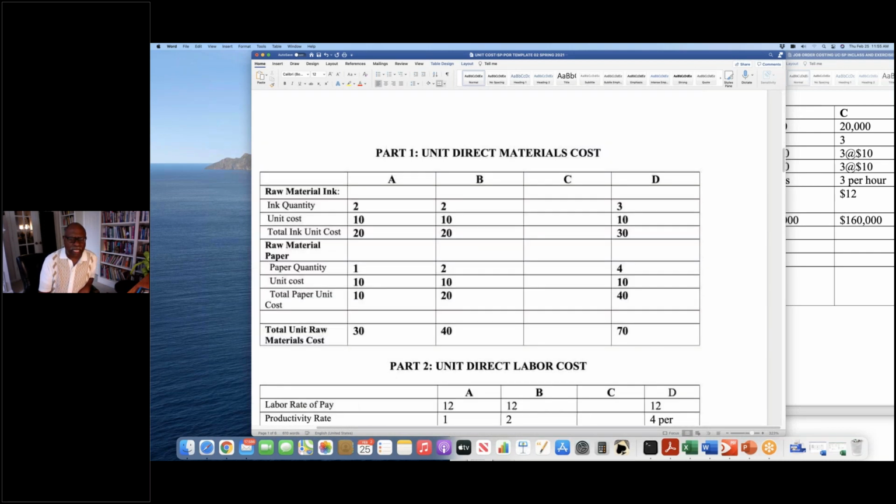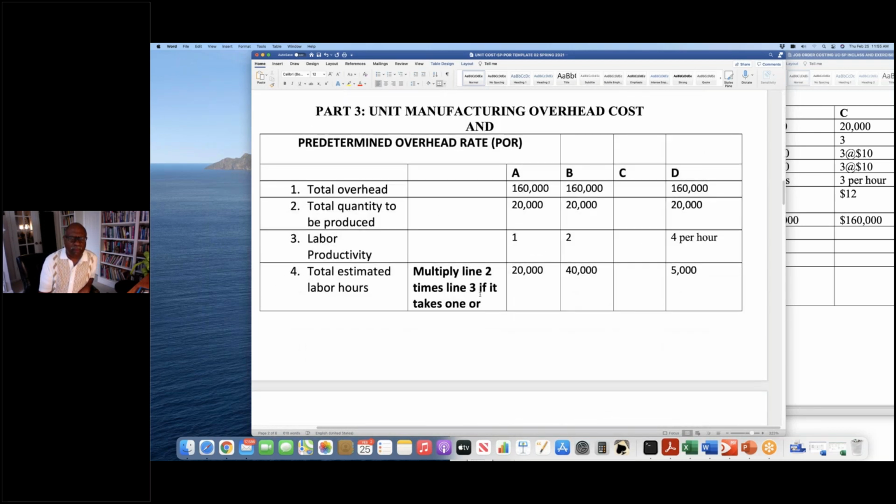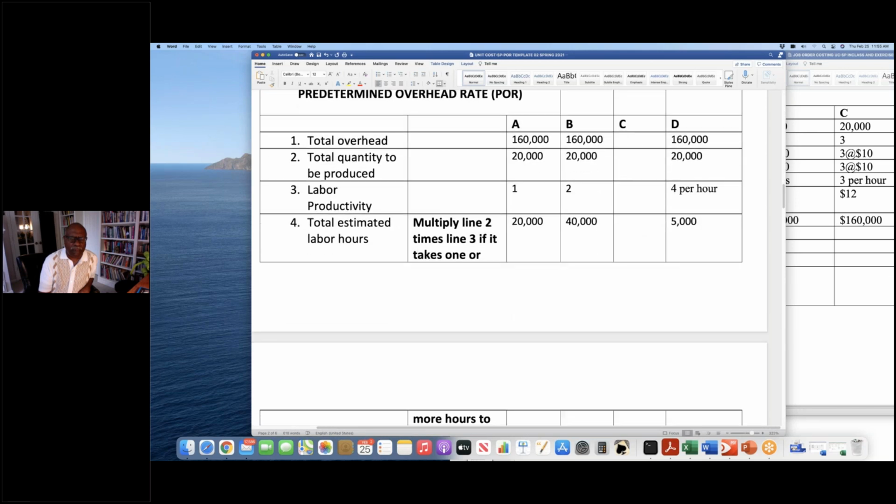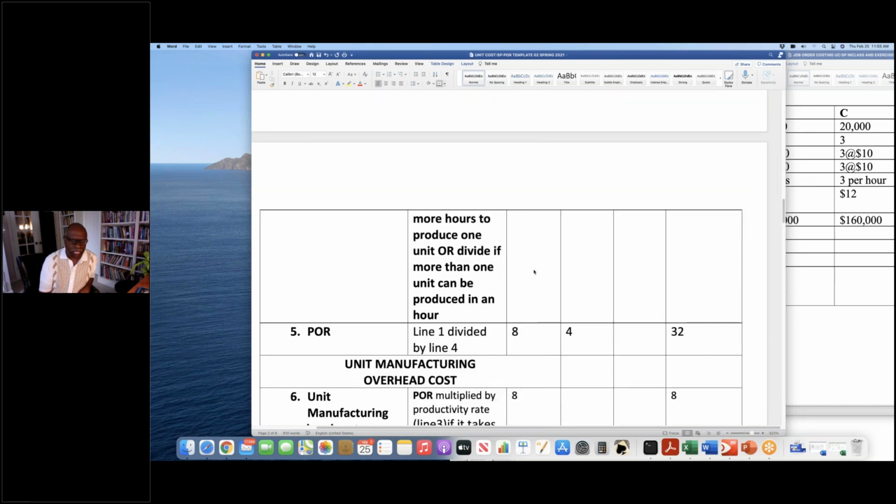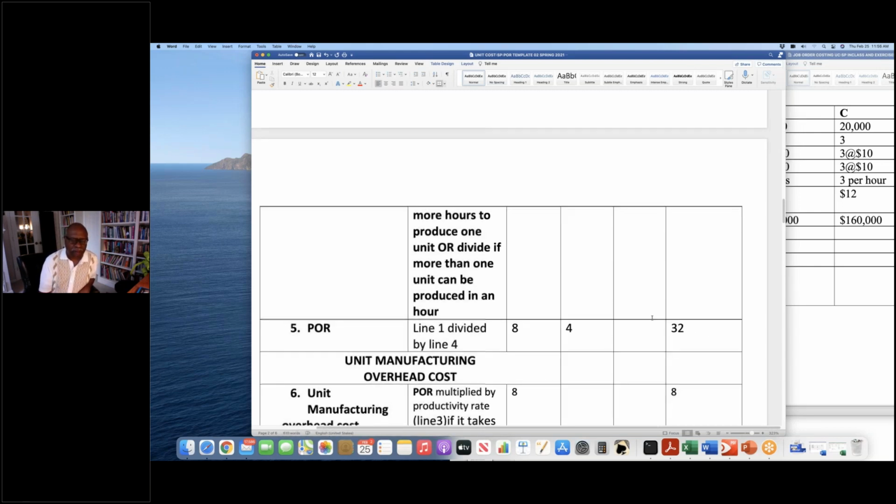Now let's go back down to the chart. And notice what that POR is doing. The more hours it takes, the lower that POR is, versus when you can make more than 1 per hour, the POR is higher. So this gives you a pattern of how that POR should be operating if everything else is equal.